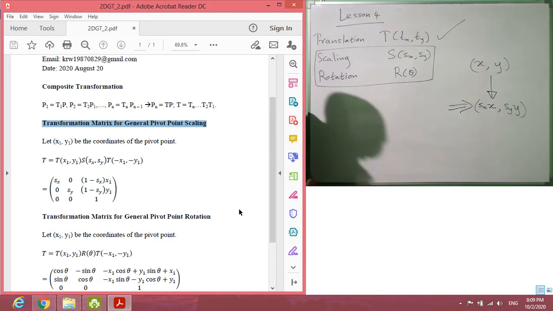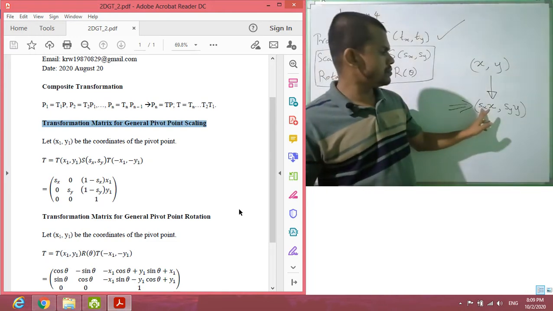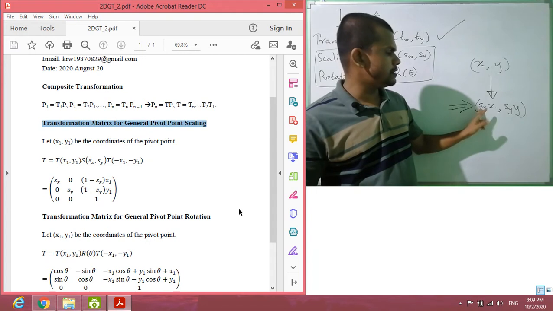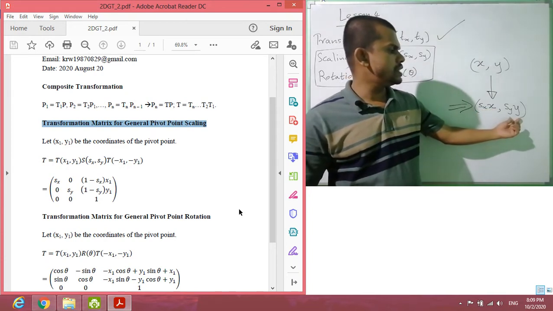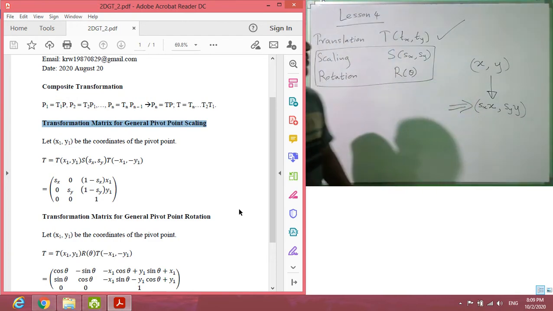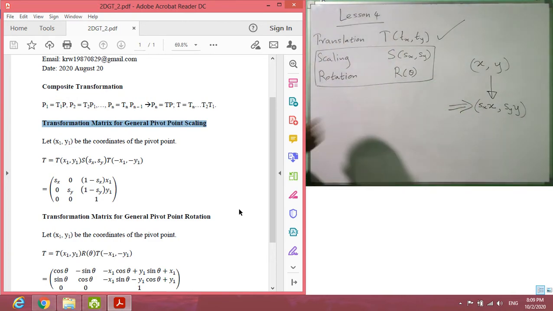Here what we have done is we have multiplied the x coordinate by sx and the y coordinate by sy. And let's see this one.